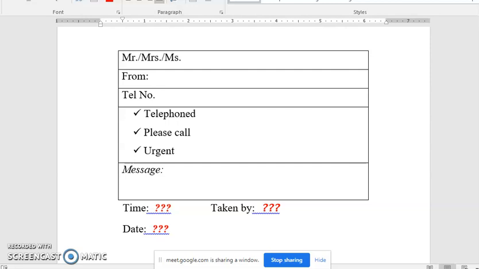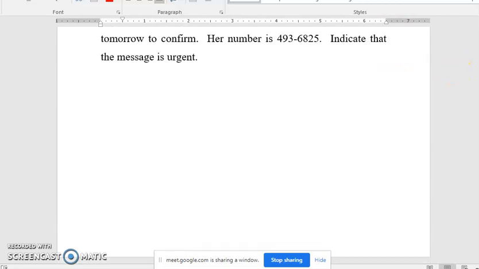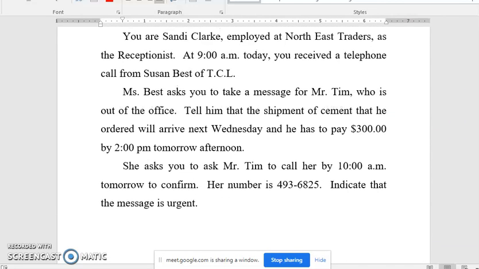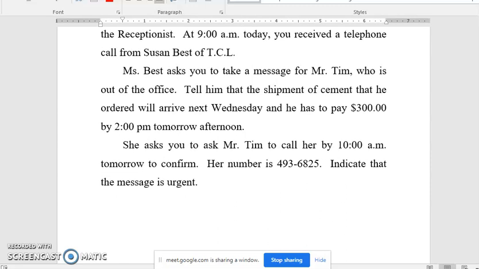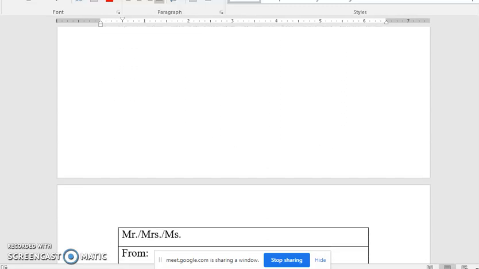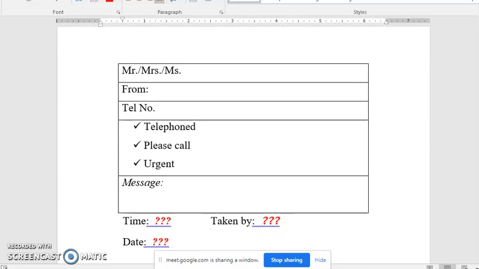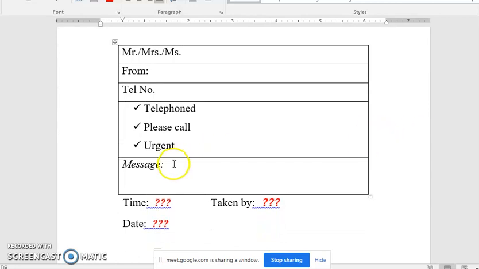So first of all, who is the message received for? Let's look and see. You are the receptionist and you have received a message for Mr. Tim. So you need to record that in the message area who the message is for. And in this area, we need to record who the message is from.